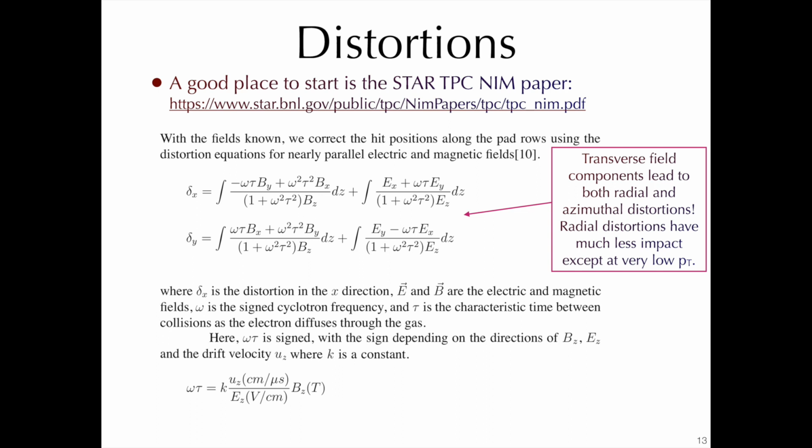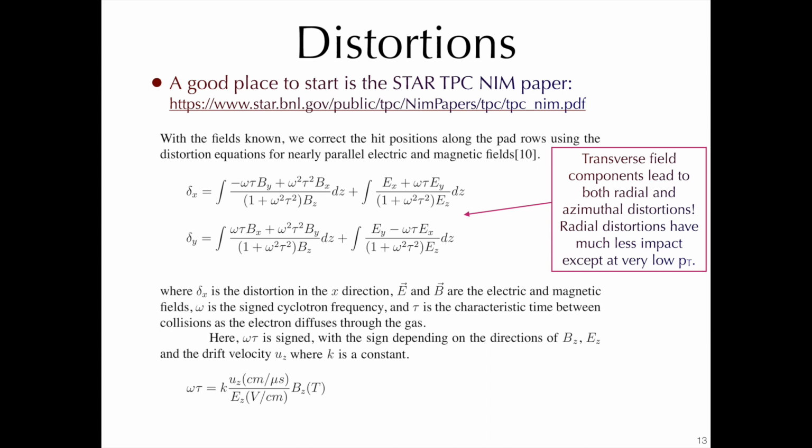And then I further want to note that even a transverse electric field distortion can create a radial distortion of the TPC hits. And similarly, a radial distortion of the field can cause a transverse one. It goes back and forth, is my point.